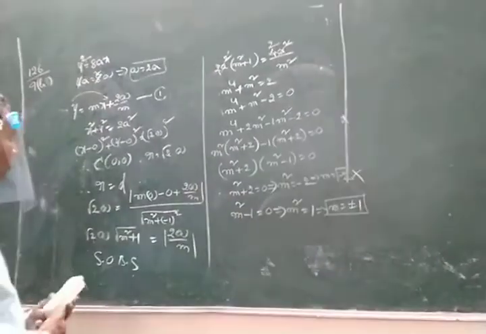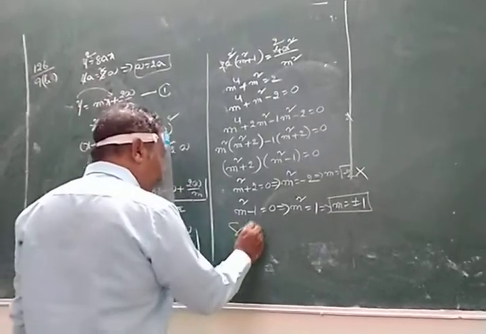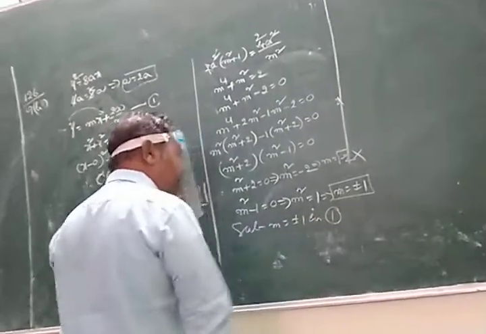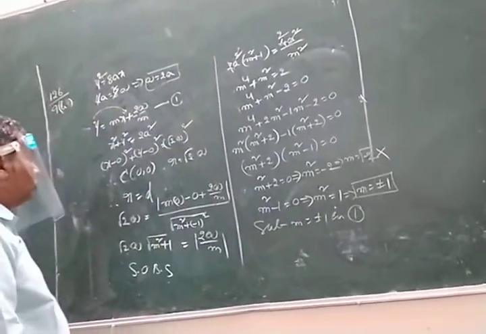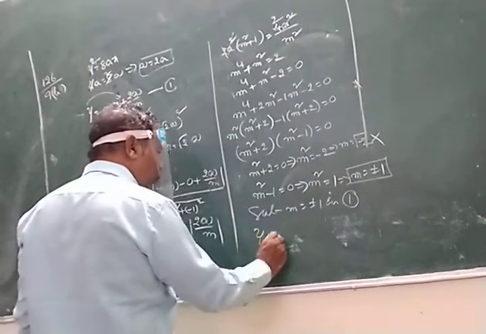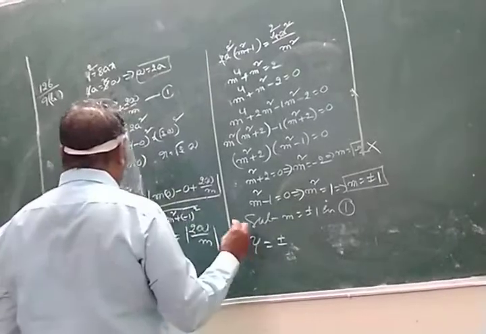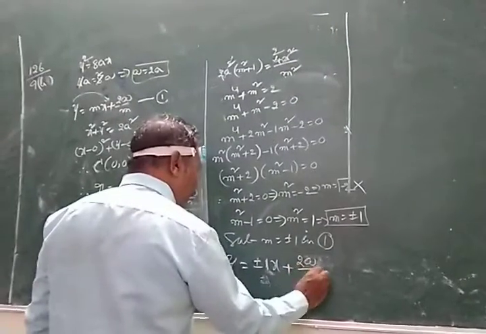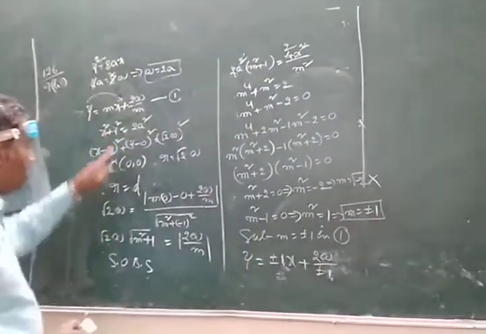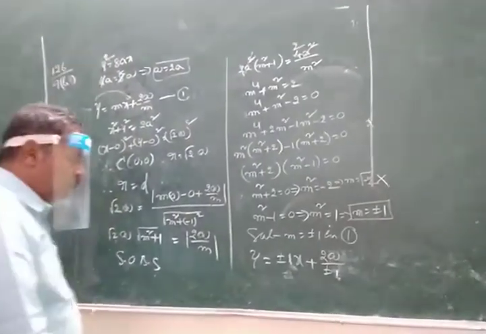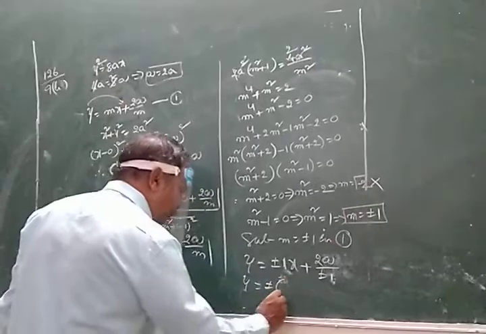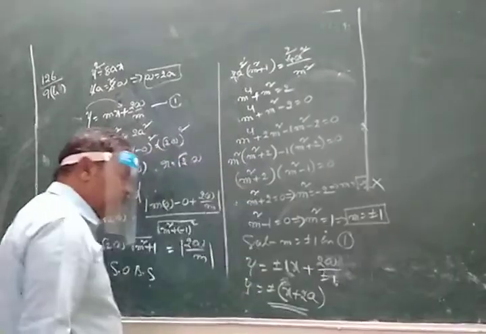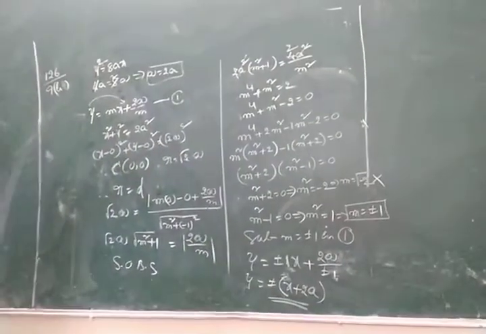Substitute m equal to plus or minus 1 in the first equation: y equal to (plus or minus 1) into x plus 2a by (plus or minus 1). Take plus or minus common: x plus 2a.